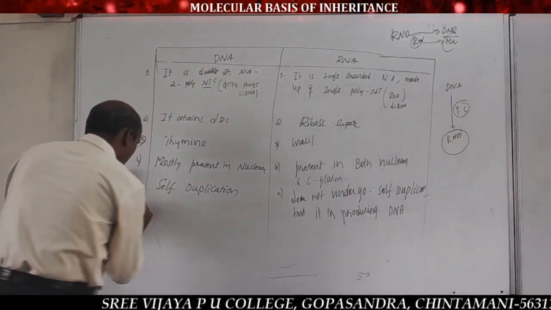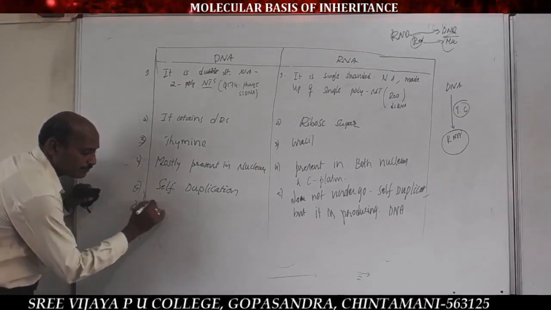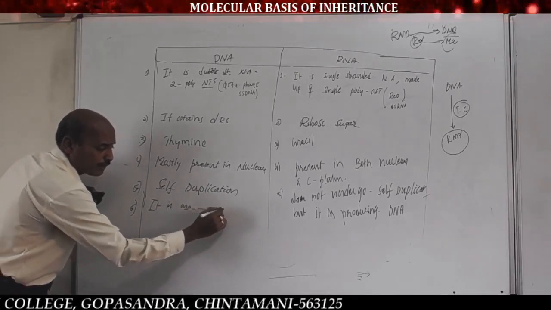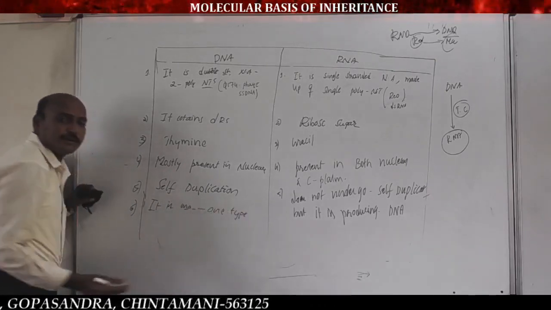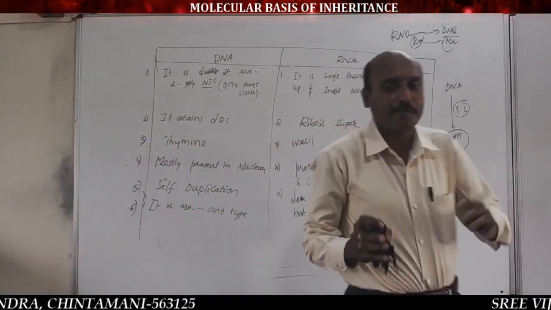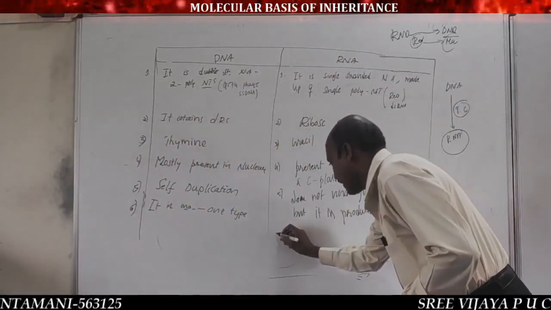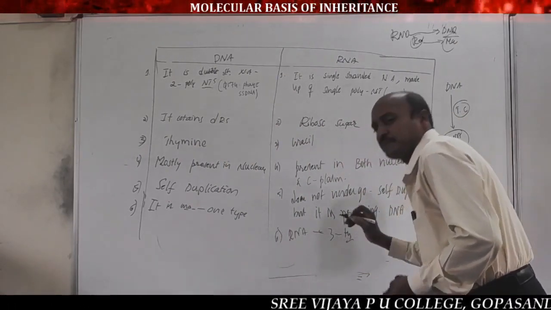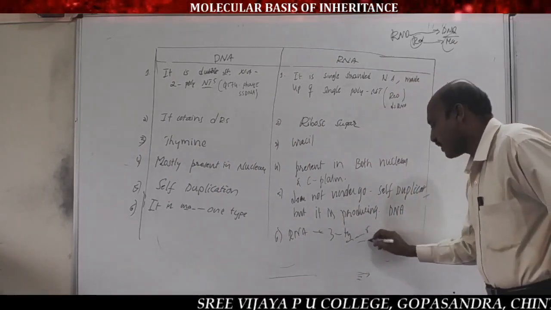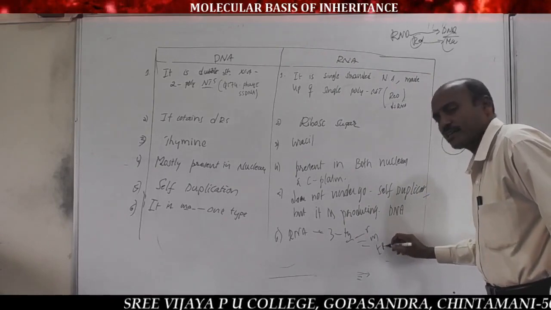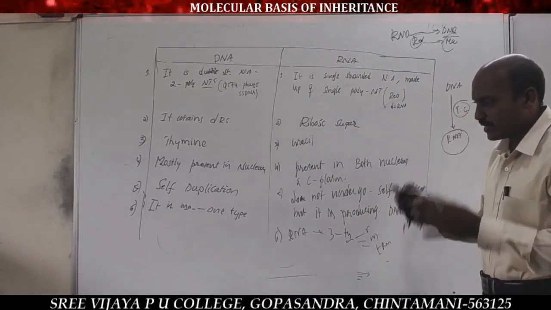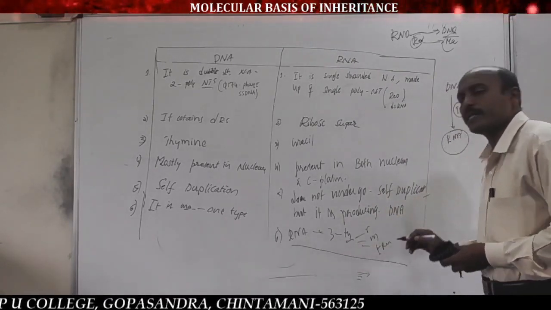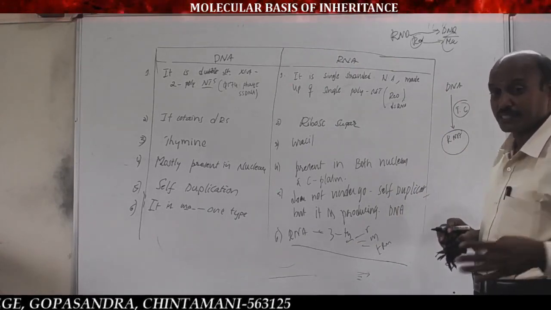And the next difference: DNA is mostly a single type, but RNA consists of three types, like rRNA, mRNA and tRNA. DNA consists of a single type, while RNA consists of three types based on function and location.